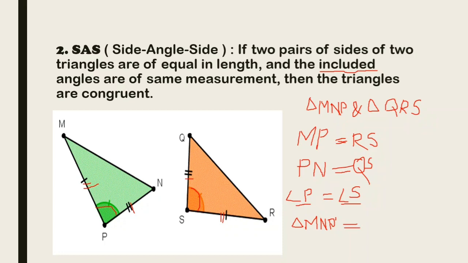See, this is the congruent sign, congruent to triangle QRS by SAS congruence test.